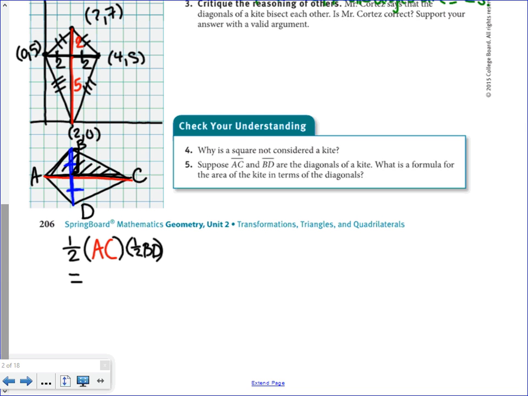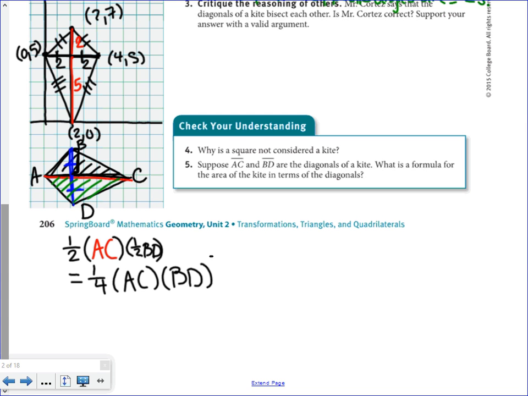And so that makes 1/2 times 1/2 is 1/4 AC times BD. Then for the triangle on the bottom, we know that those 2 triangles are congruent. That was part of the properties of a kite, that one of the diagonals cuts them in half.